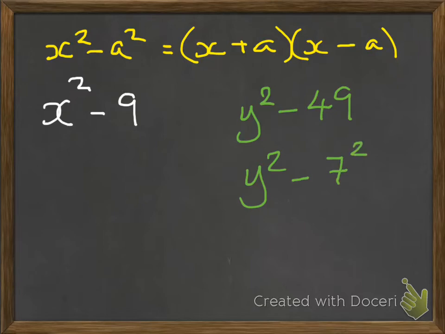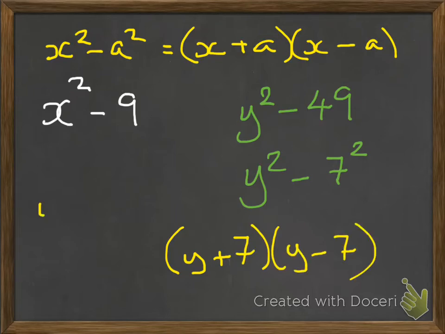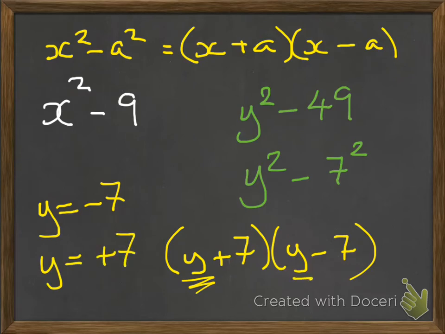So it becomes y plus 7, y minus 7. So the values of y would be y equals minus 7 and y equals plus 7, making both of these zeros.